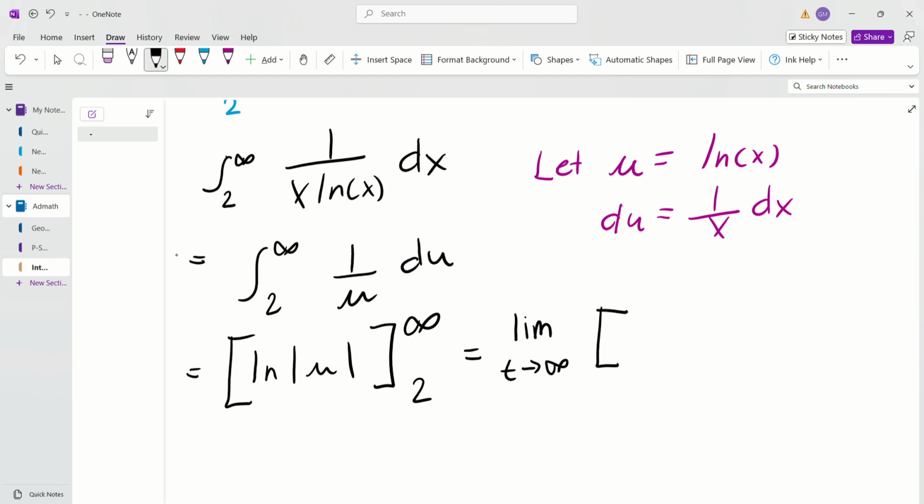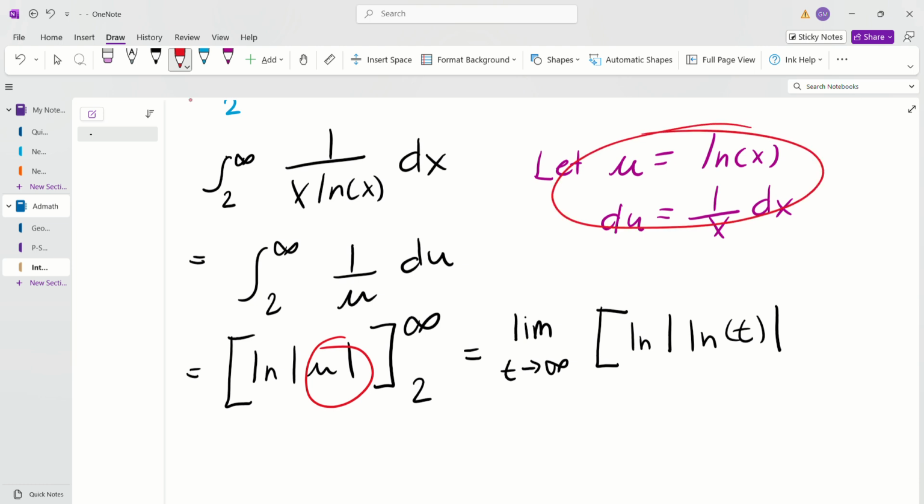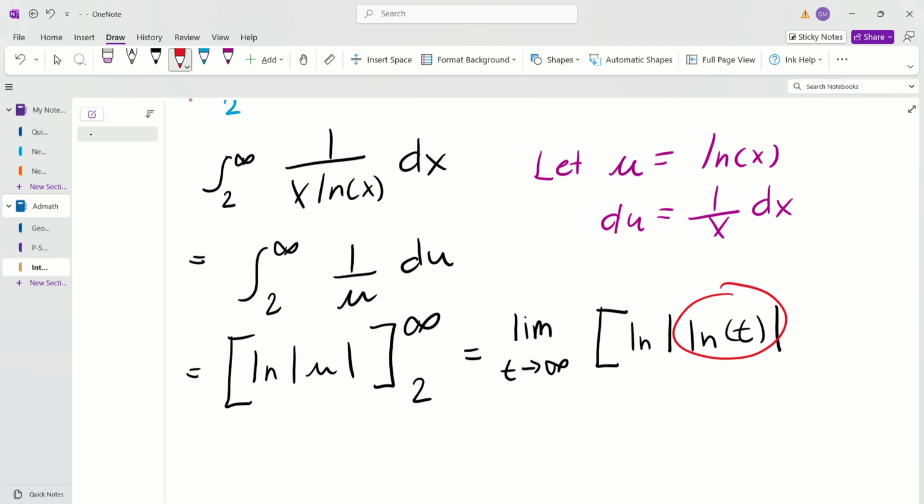So we have ln of t. Originally our u is equal to ln of x, so we simply substitute u here, and instead of x it is replaced by t.